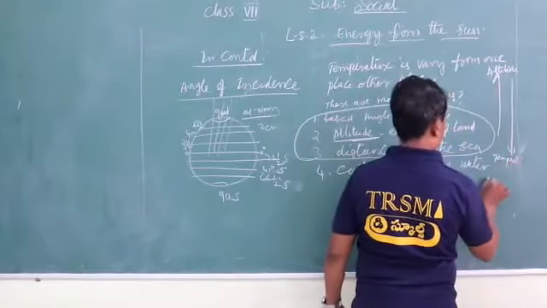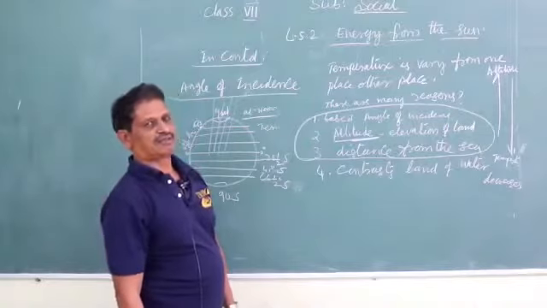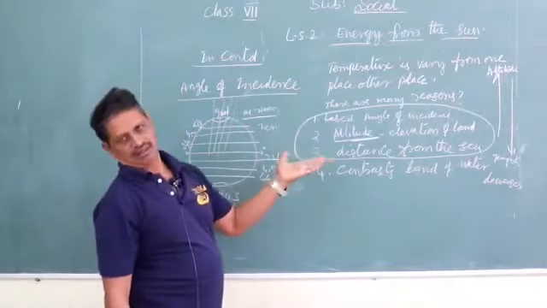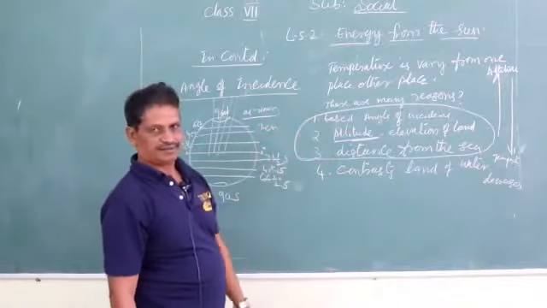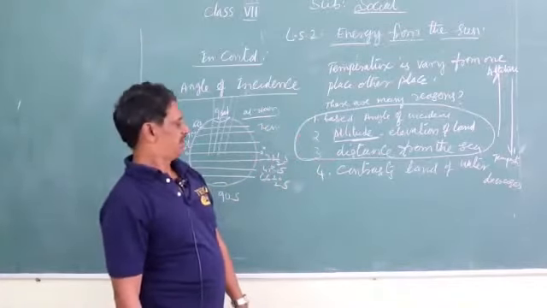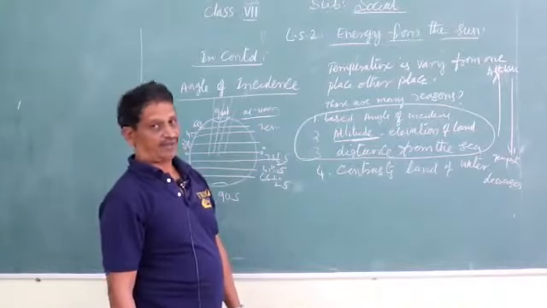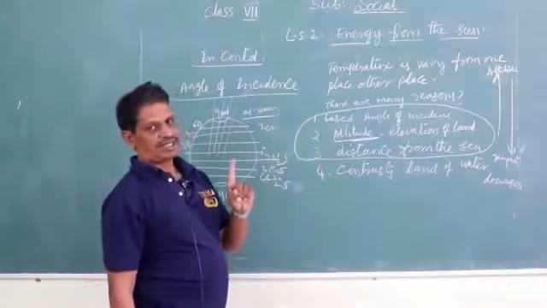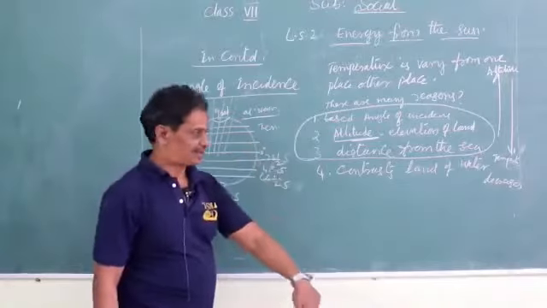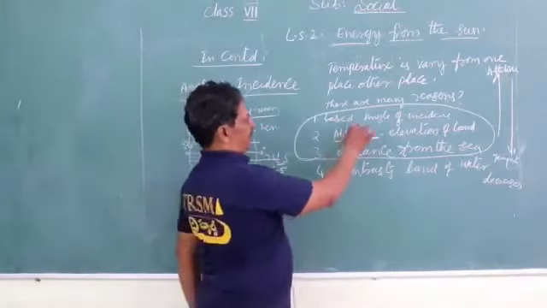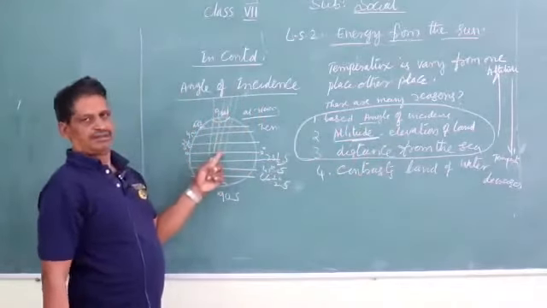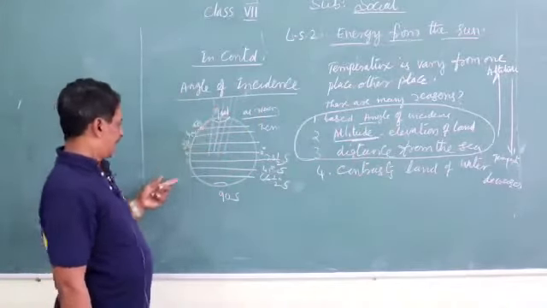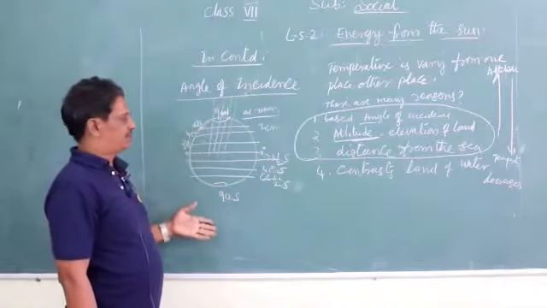When you compare with the relief features like hills, like the Himalayas or any other hill locations, temperature decreases. I told you that for every 1000 meters, 6 degrees centigrade will decrease. For every 165 meters, 1 degree centigrade temperature decreases. Okay? So based on angle of incidence, when straight, temperature is high. When the angle changes, temperature decreases.